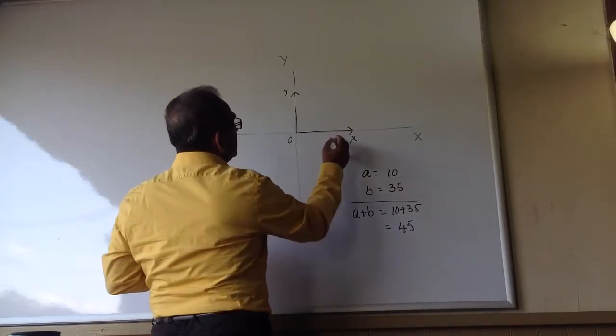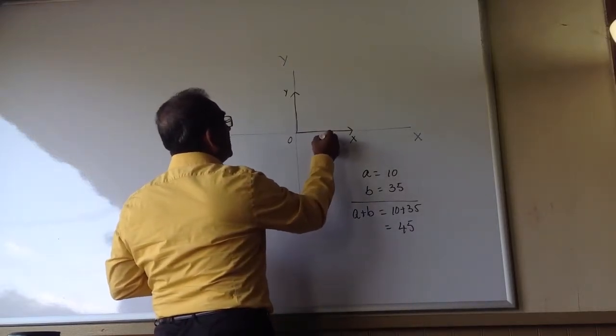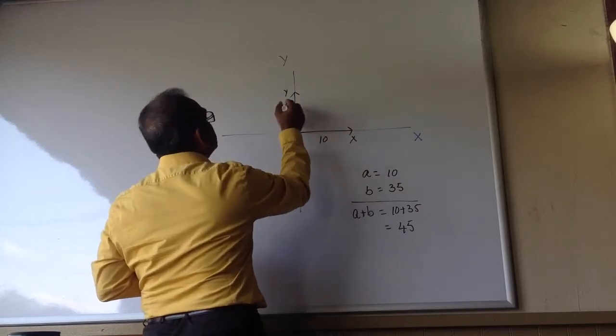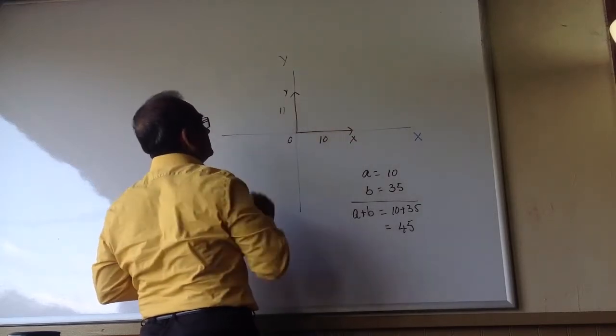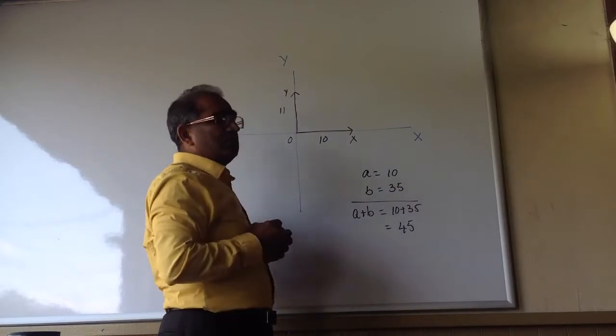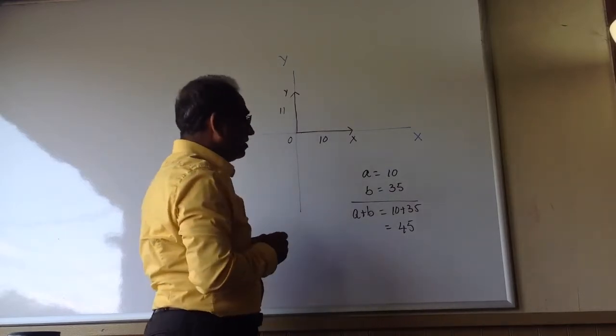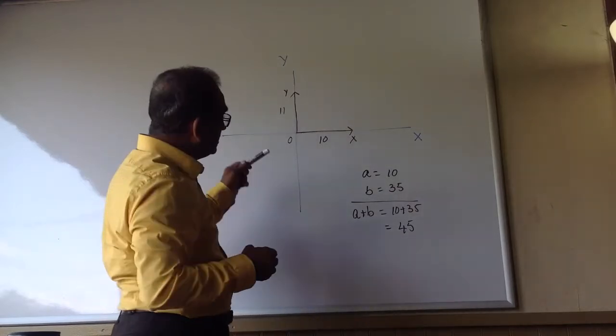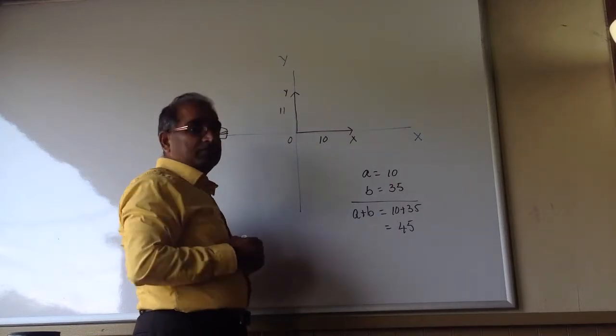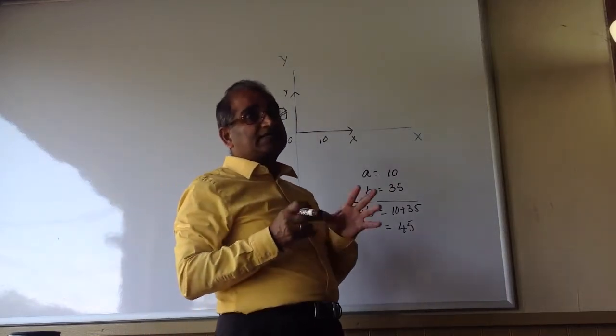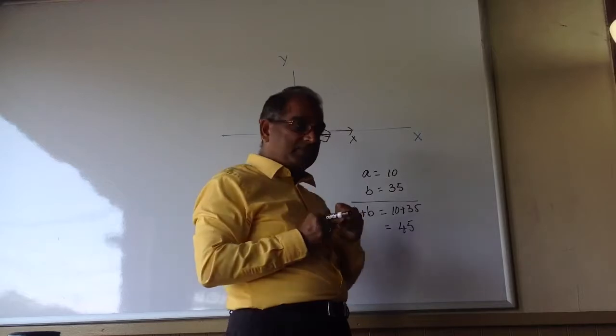So let's say OX is some 10 units, OY is some 11 units. Now, can I combine OX and OY in vectors? Answer is yes, we can.